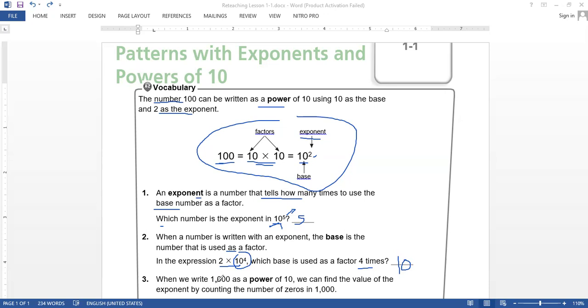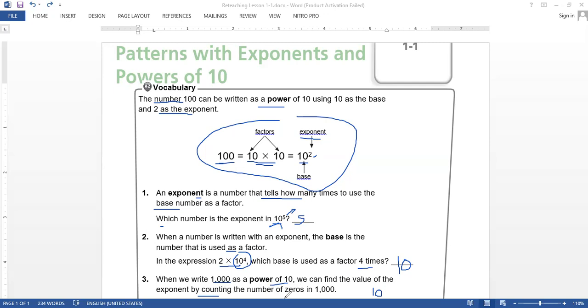So when we write 1,000 as a power of 10, we can find the value of the exponent by counting the number of zeros in 1,000. If you want to write a number like 1,000 as a power of 10, we write 10 as a base, and we want the exponent.